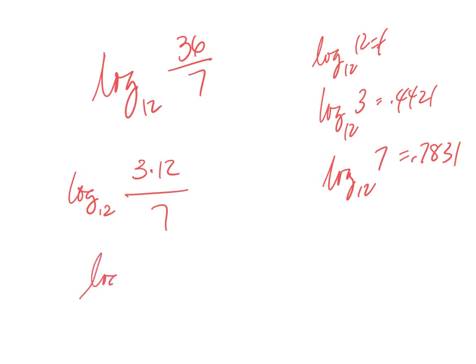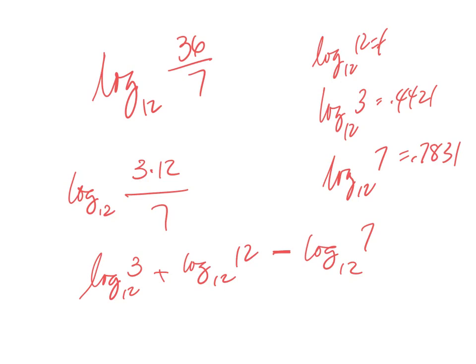So this is log base 12 of 3 plus log base 12 of 12 minus log base 12 of 7, because the 7 is downstairs. If there was another number downstairs, then it would be minus that too, okay?